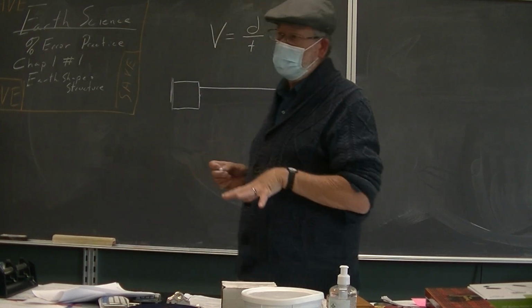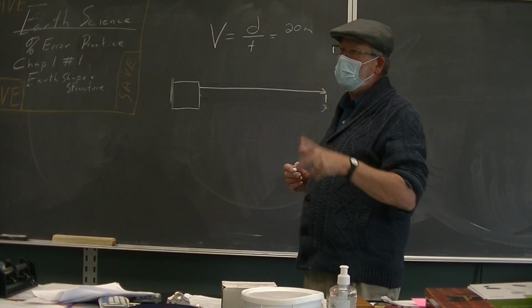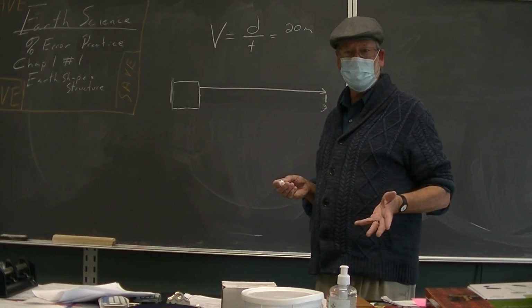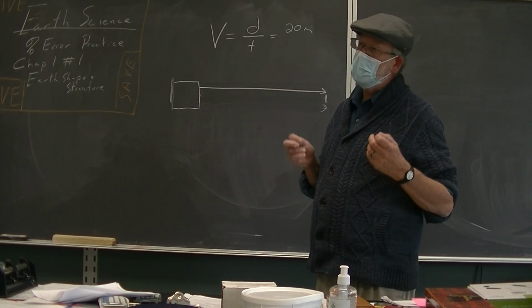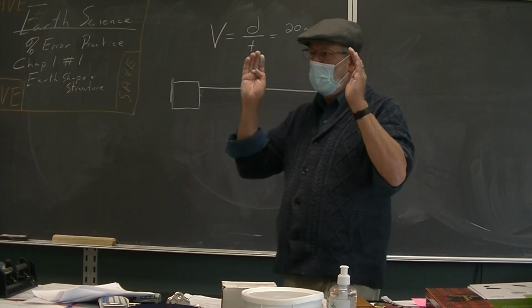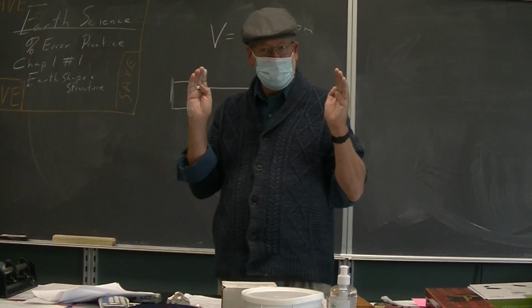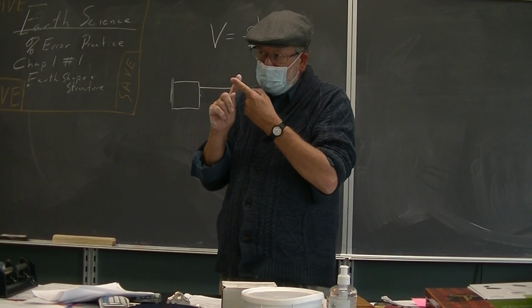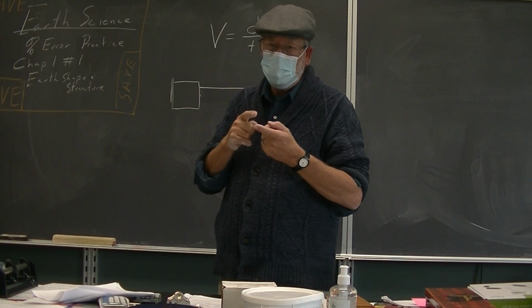Now, does it have to be the same velocity? I would like you to try to get the same velocity. Is it possible to get the same velocity? No, of course not. And this gets a little bit to the heart of the matter. What you're really looking for is the range of velocities you got when you were trying to keep it the same. Because there's not going to be a single number, and an average is a lie.